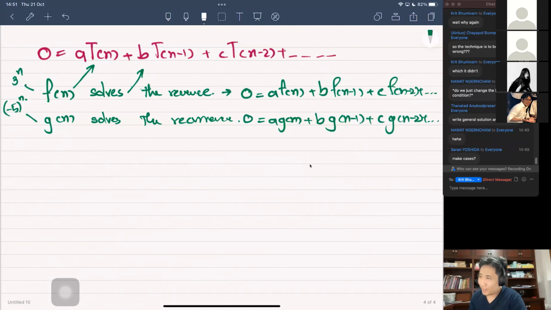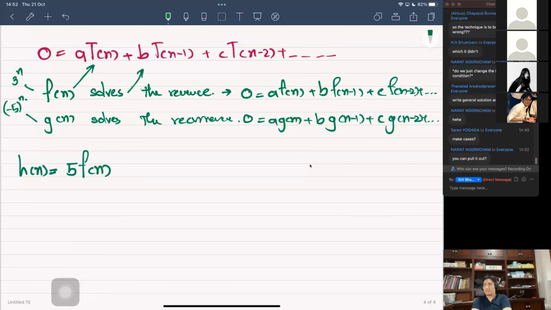Let me ask you something about this guy. What do you know about 5 f of n? Let's call this thing h of n equals 5 f of n. If I multiply a constant to a solution, what happens? You can still pull it out.